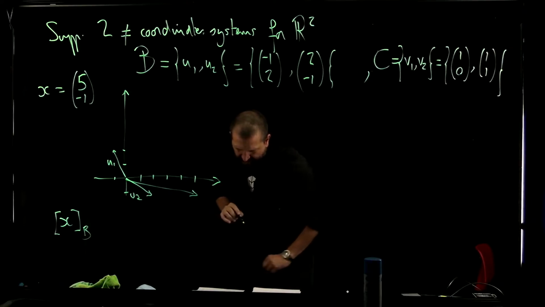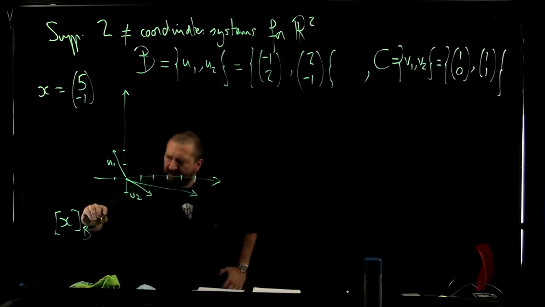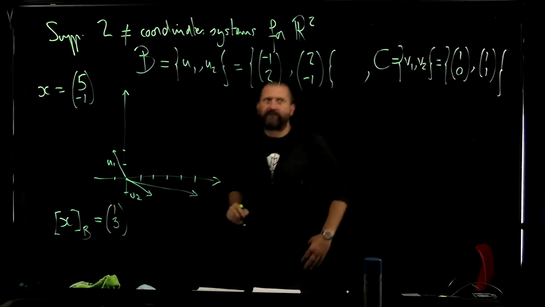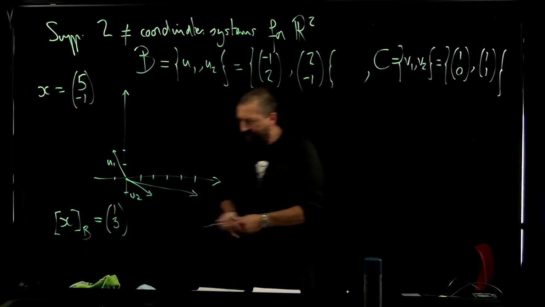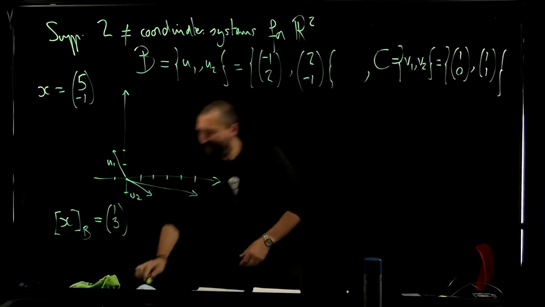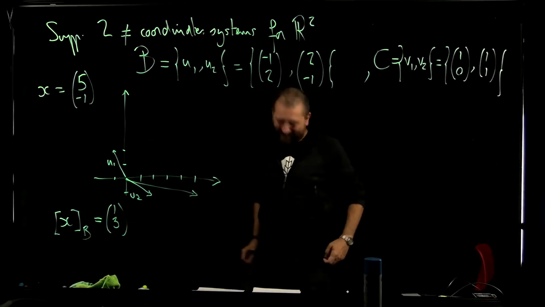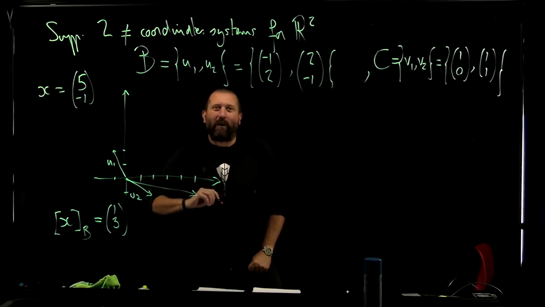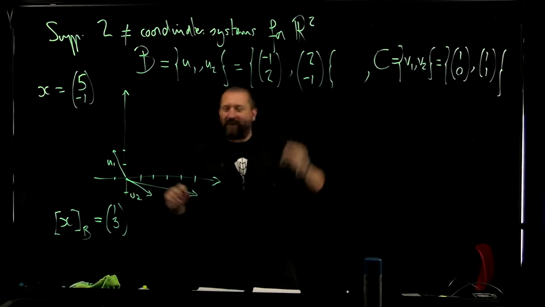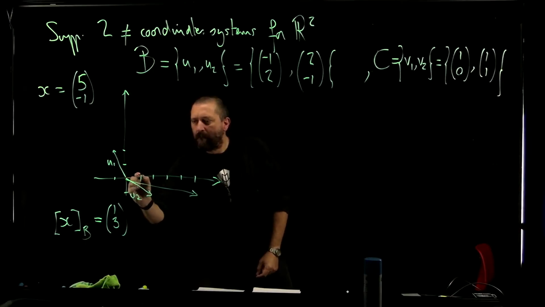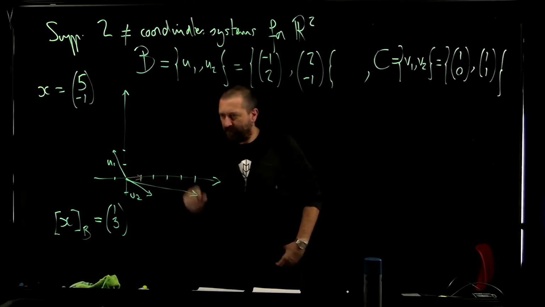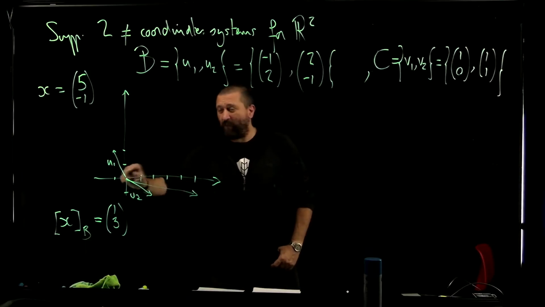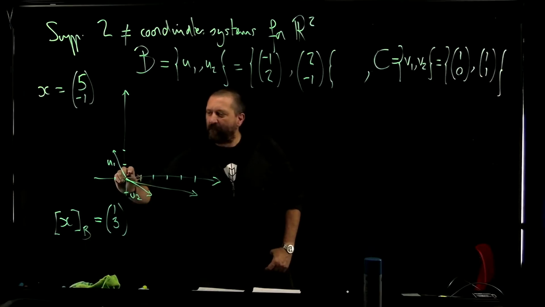It turns out that vector in here has coordinates (1, 3). If I look at the other basis here, that basis C, vector (1, 1) is this one, which you can barely see, and vector (0, 1), (1, 0) is this one, and vector (1, 1) is this one.